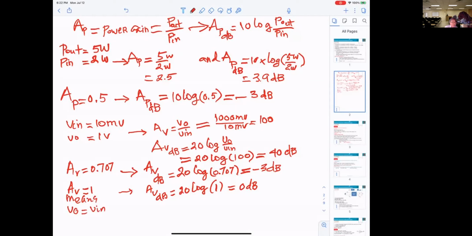That means V in is 10 volt, V out 10 volt. They are equal. Now, if they are equal, you do the calculation in decibel and you get 0 dB. Okay? 0 dB means no loss.